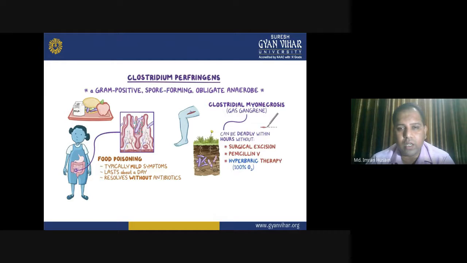Gas gangrene is another disease that affected many during the American Civil War. During that time, penicillin and antibiotics were not there, and the concept of antibiotics and sterilization had not yet emerged in surgery or microbiology.